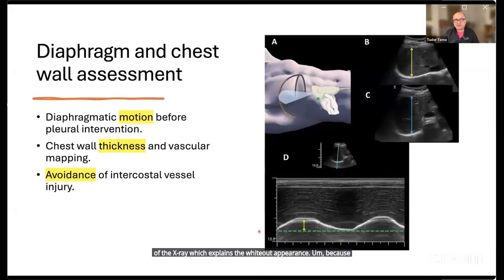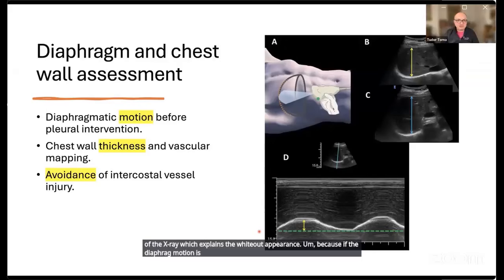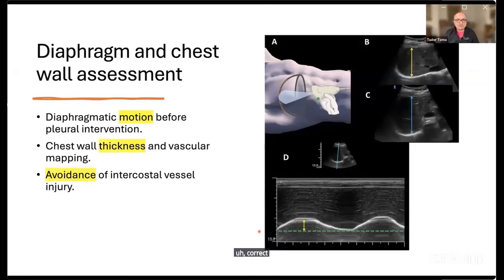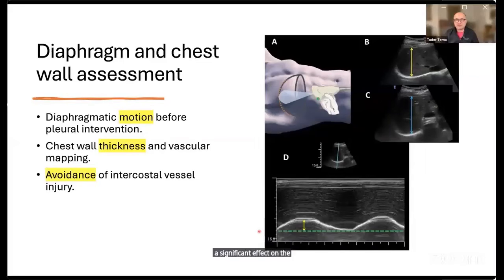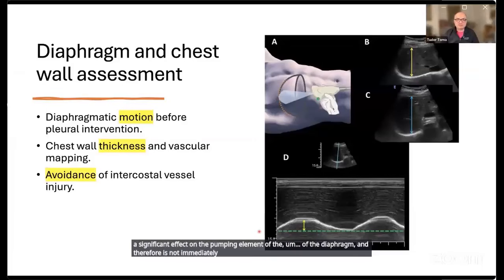Because if the diaphragm movement behaves in a normal way, going down with inspiration, going up with expiration, then the pleural effusion does not have a significant effect on the pumping element of the diaphragm, and therefore it is not immediately required to drain that effusion.